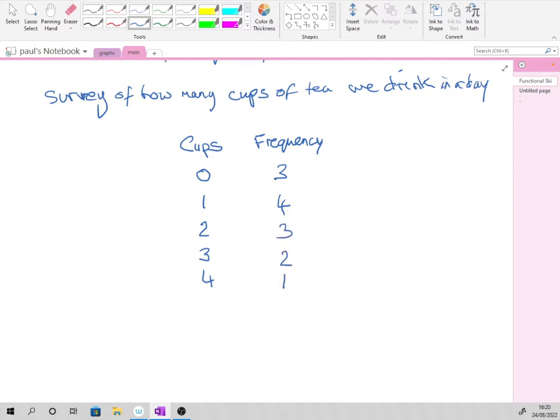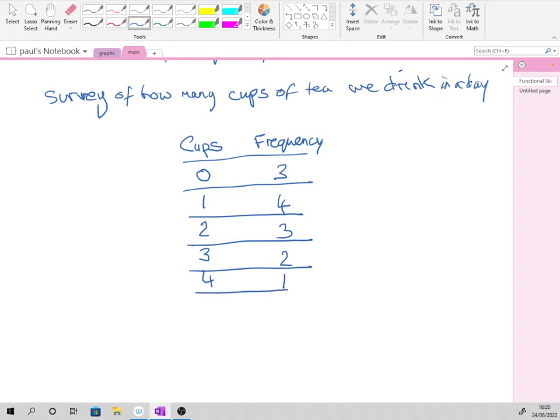So there's our table. Let's draw that for you so that you would imagine it would be in a table. So it means that 4 people drink 1 cup a day, 3 people drink 2 cups a day, 1 person drinks 4 cups a day, and 3 people no cups.